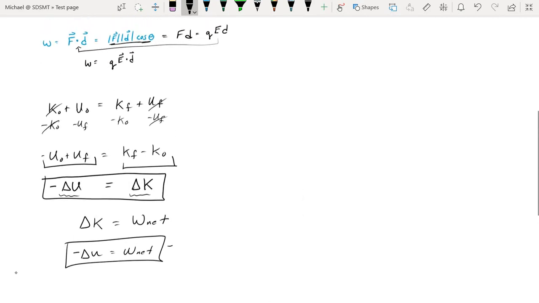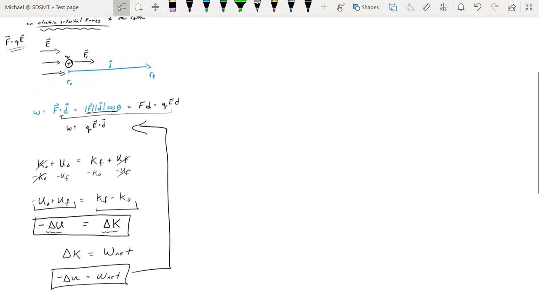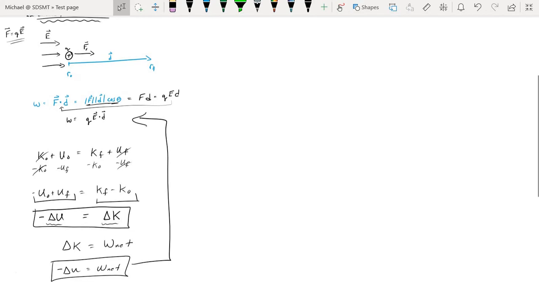And we can bring that idea back up here. If the electric force is the only force in the system that is providing work, then we now have the net work in the system, and we can apply that to the change in the potential energy for the system.